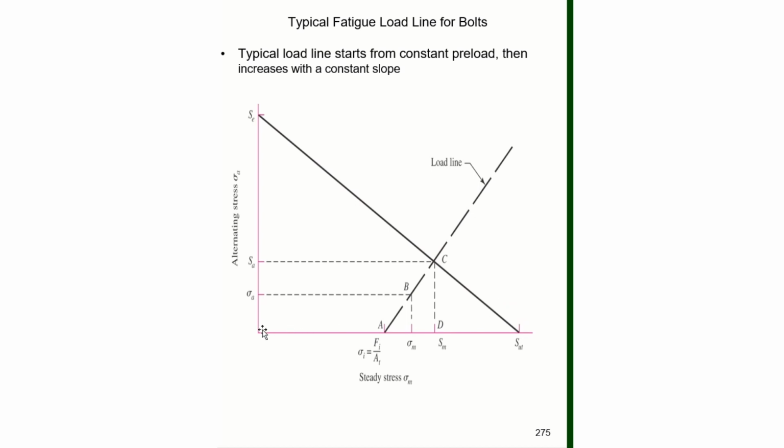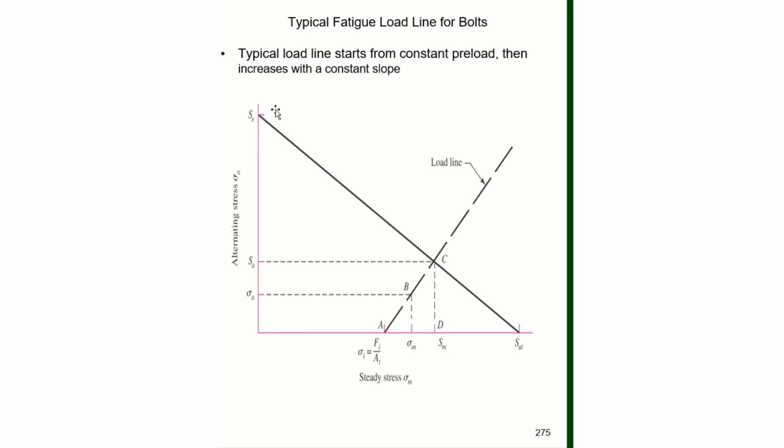If I had a bolt that saw completely reversed loading, so the mean stress was equal to 0, which means it went in tension and then compression and then tension and compression, the maximum value would be Se, which is called the endurance limit.